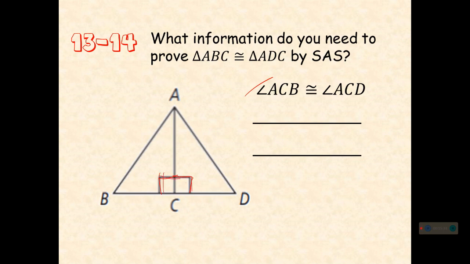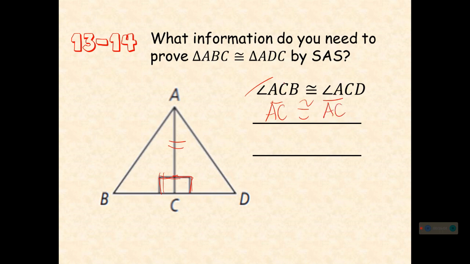So, what will be the other markings that you are going to have here? Okay, so obviously, we have here the markings because we can use here reflexive property. So wherein, you may have here, segment AC is congruent to segment AC.